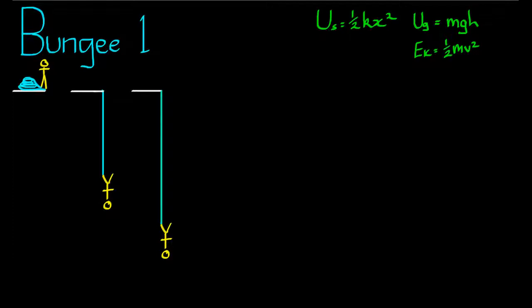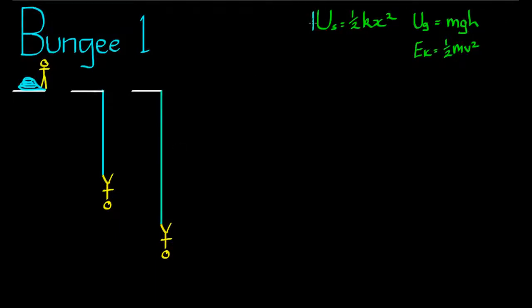The basic gist of it is, as you fall, you pick up kinetic energy because your gravitational potential energy goes down, your kinetic energy goes up. But then as you fall to a certain point, the bungee rope starts to stretch. So it's stretching from this point to this point here.